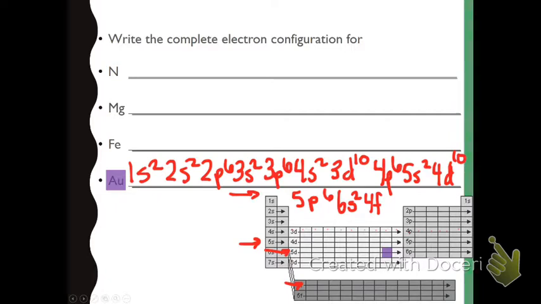If I count those, it's 1, 2, 3, 4, 5, 6, 7, 8, 9, 10, 11, 12, 13, 14. 4f14, and then I can come back and continue where I thought I was. 5d, 1, 2, 3, 4, 5, 6, 7, 8, 9, finishing that out. So it's really just about being systematic, following your map, and not doubting yourself.